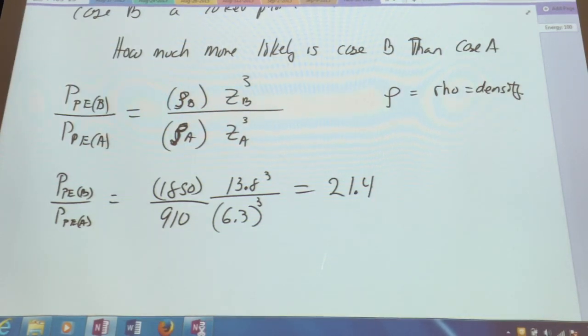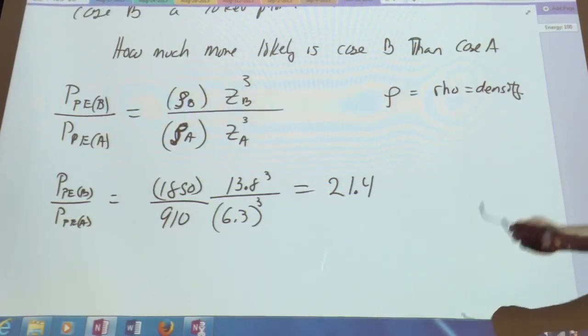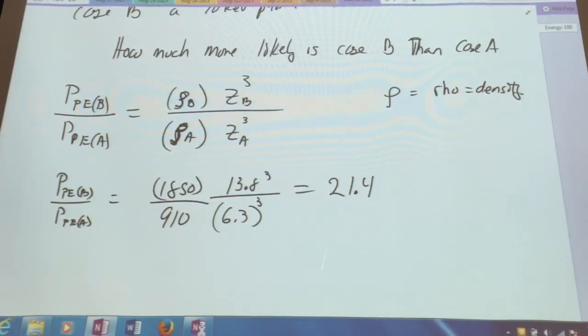Go back to the original question. How much more likely is case B than case A? You did a calculation, now go back and write the sentence. Exactly. Case B is 21.4 times more likely than case A.